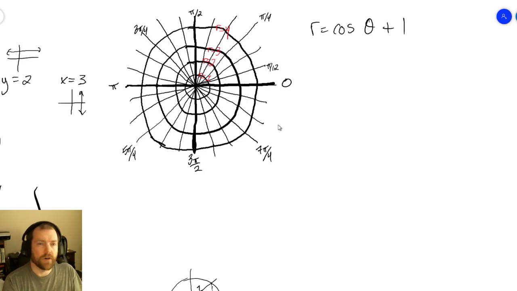So all of the distances that our points are away from the origin are going to be increased by 1. Now keep in mind, it's not the absolute value of cosine of theta. It's actually all of the values. So if our values are negative, this means that plus 1, they become less negative.